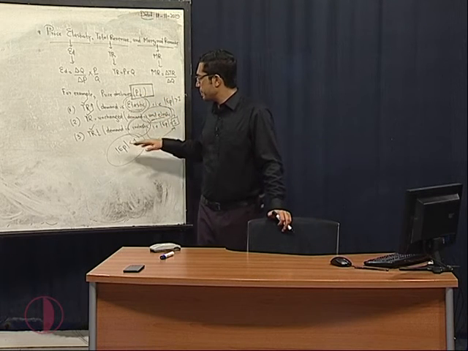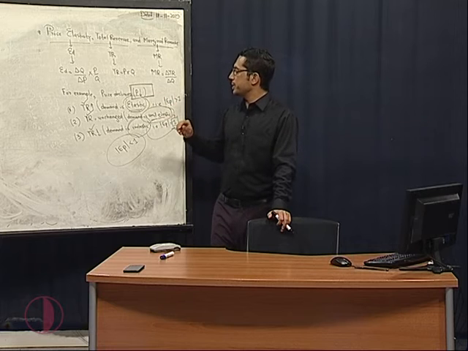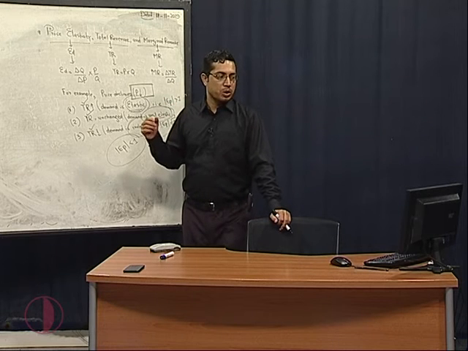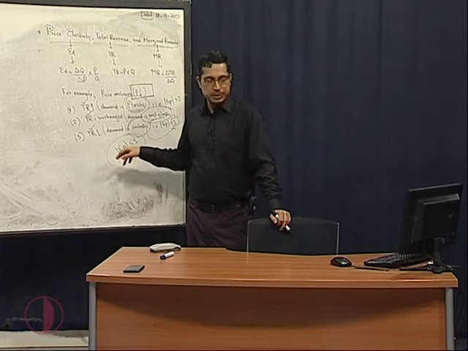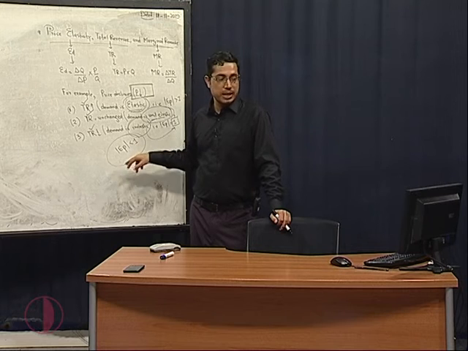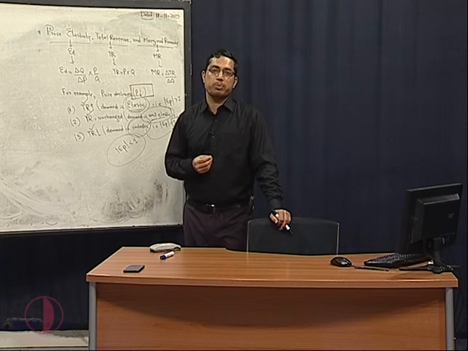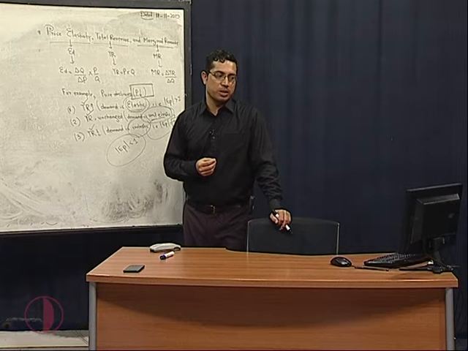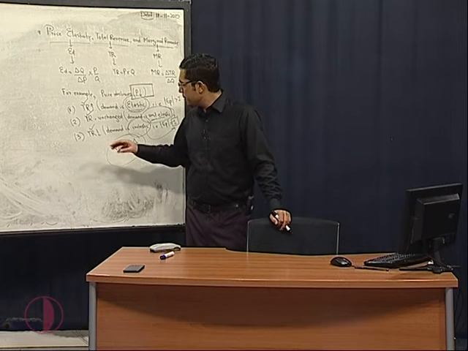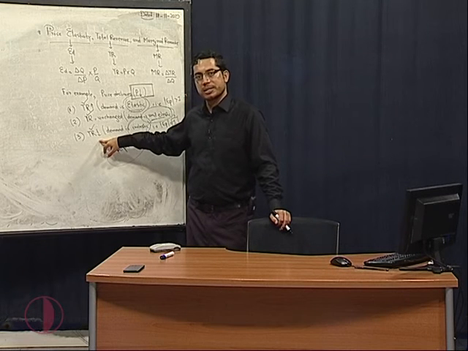So, in the case of inelastic demand, this value will be less than 1. A decline in price leads to a smaller proportionate change in quantity demanded, so the total revenue of the firm declines.